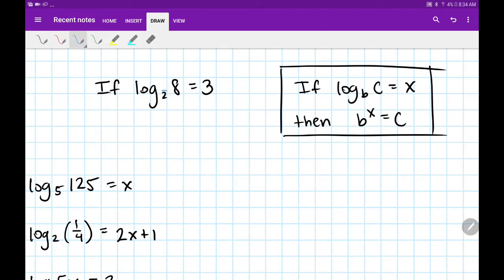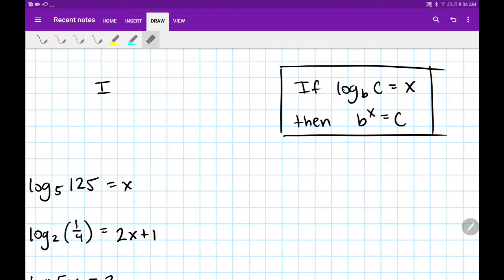You're always going to start at the base. Okay. So it's going to be base 2, and then we kind of push it up across the equal sign. Base 2 to the power of 3. See how it kind of got pushed up? Equals 8, the remaining guy.